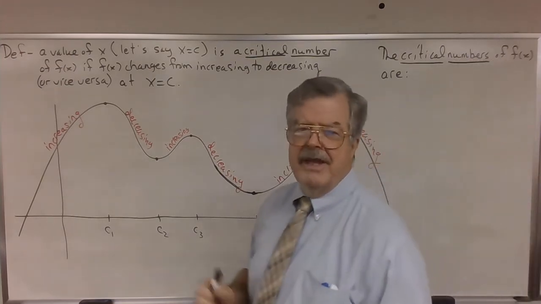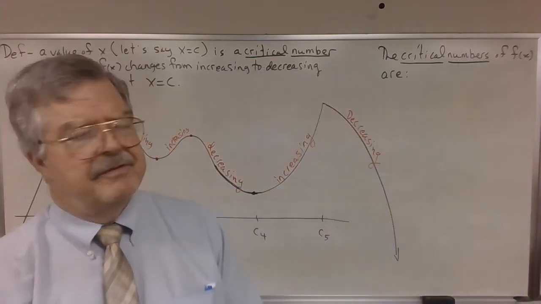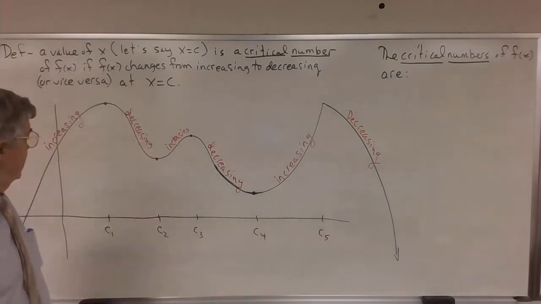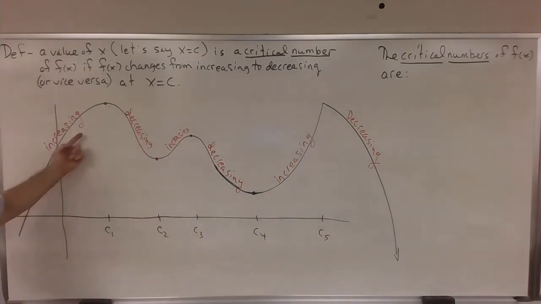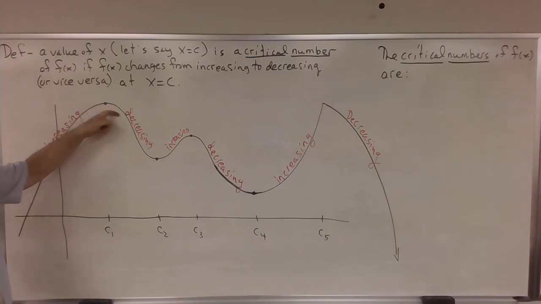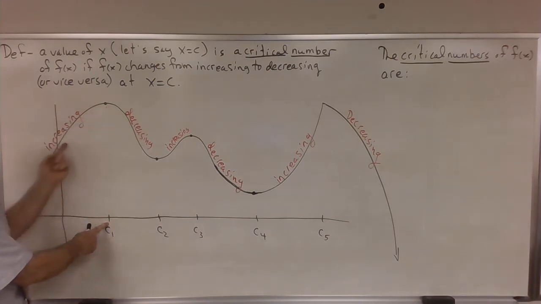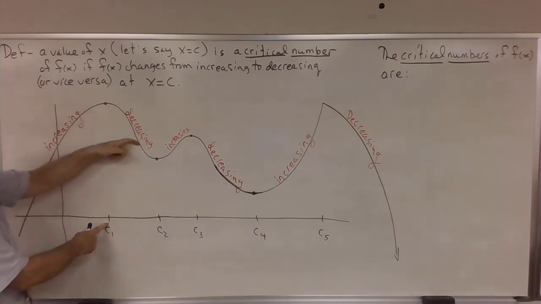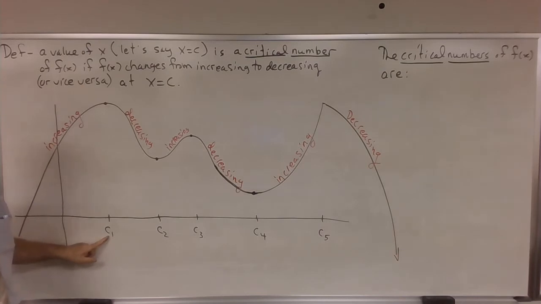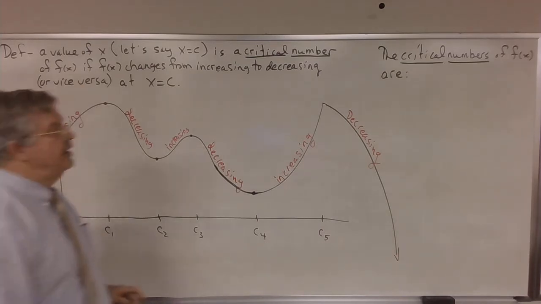So in this example, the critical numbers of f of x. Well, let's see. Here the function's increasing. Here it's decreasing. So right here, when x equals c1, the graph changes from increasing to decreasing. x equals c1 is a critical number.